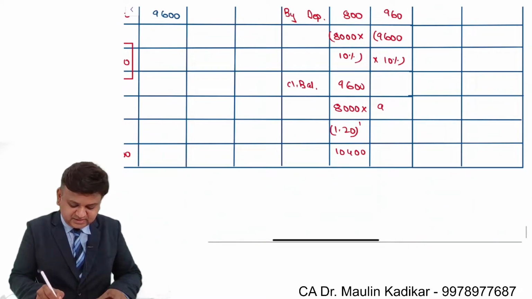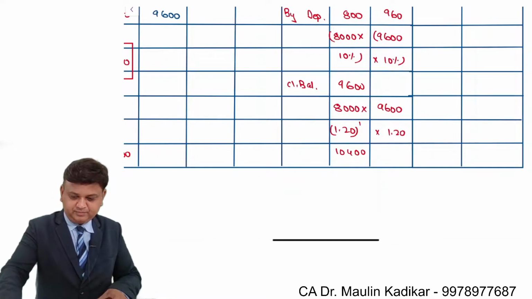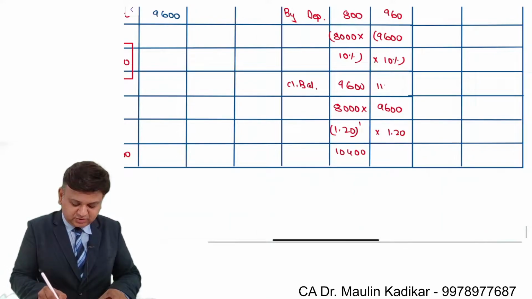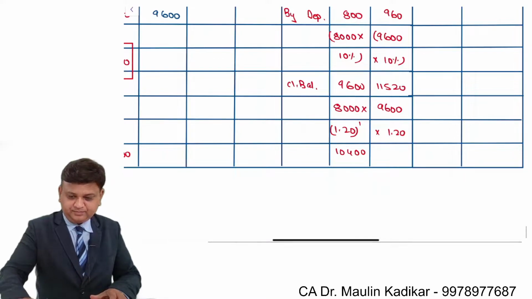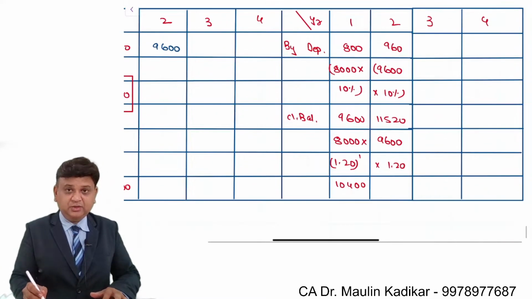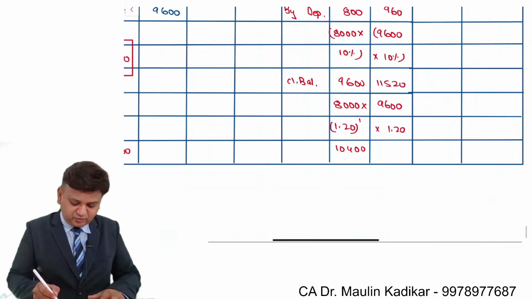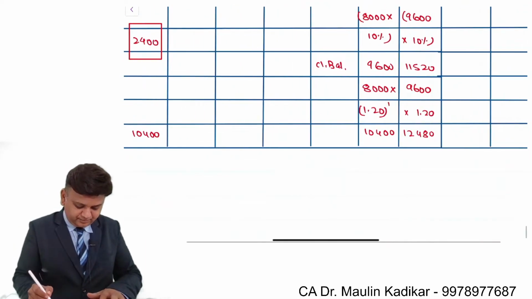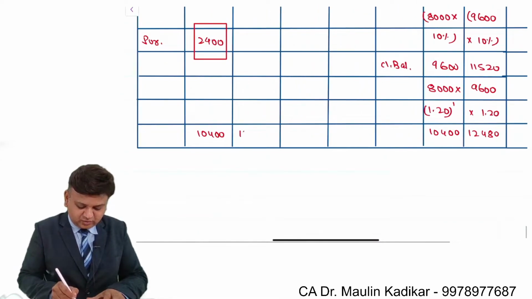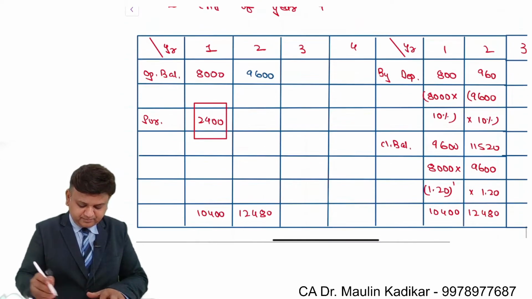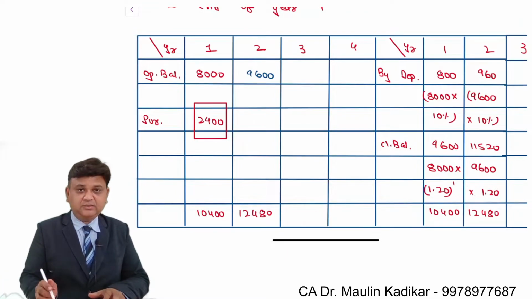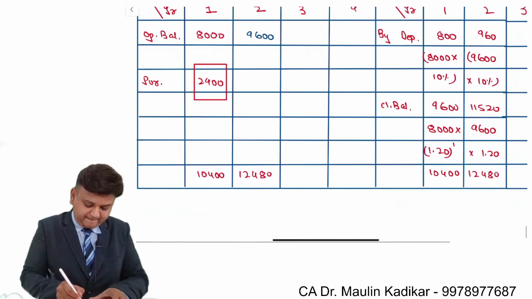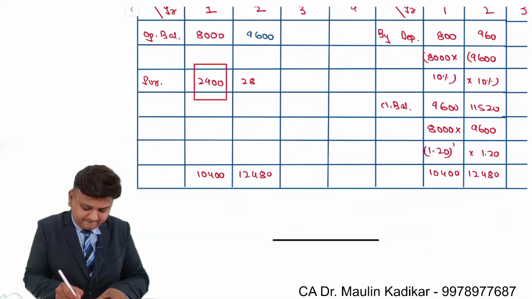Closing balance will be 9,600 into 1.20. That comes to 11,520 plus 960. So the credit side total is 12,480. Debit side it is 12,480 minus 9,600. So it is 2,880.